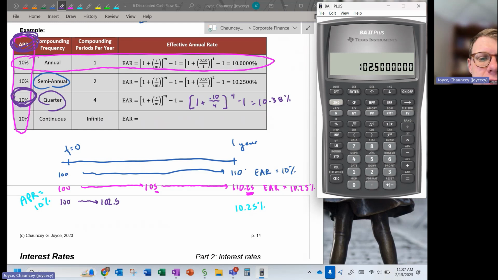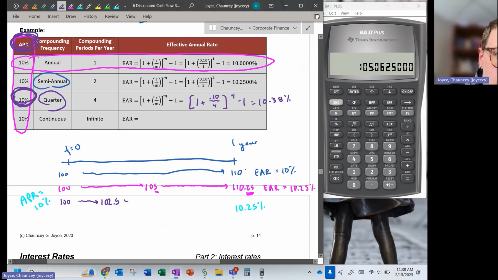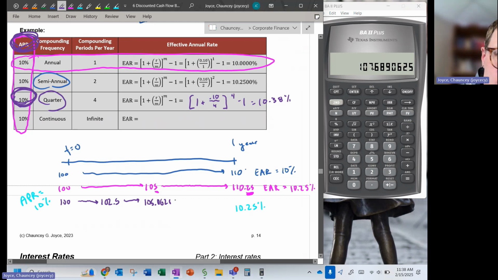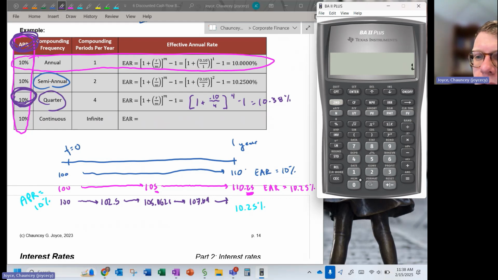That's your balance after 1 quarter. Then again, times 1.025. In 6 months, you'll now have 105.0625. And then again, times 1.025. Now you'll have 107.69. And then again, times 1.025.